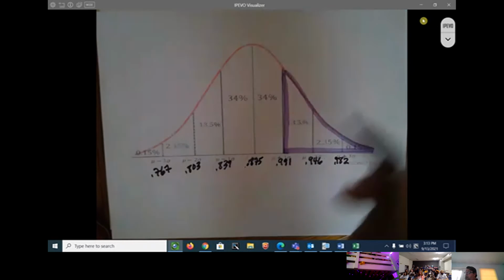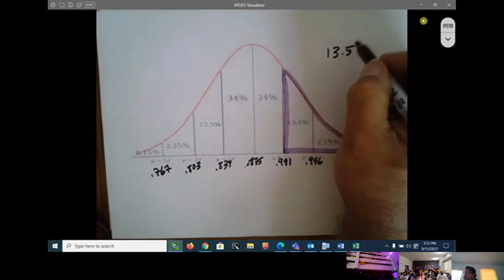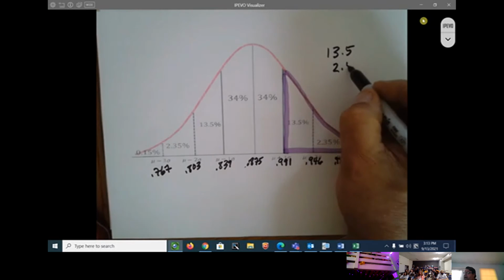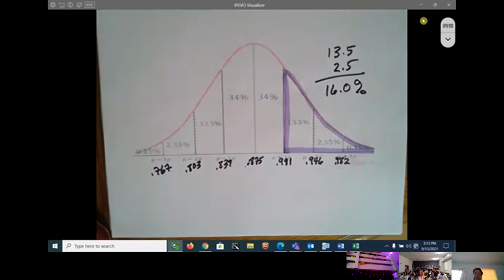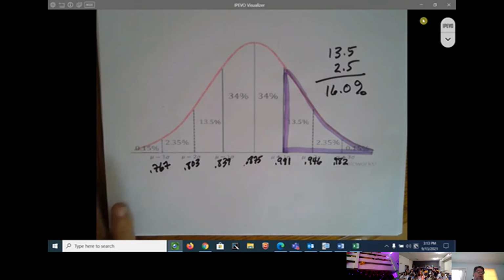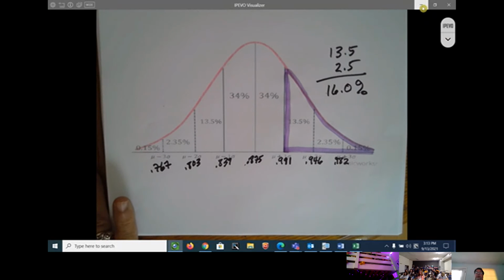So 16%. 13.5 and 2.5, 16%. So 16 should be the empirical rule.